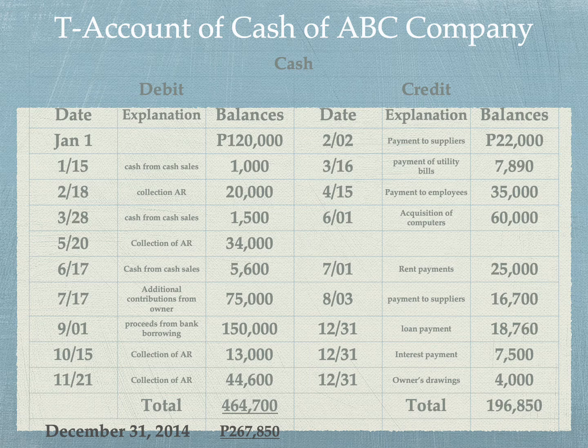So, kasama po siya sa credit ng cash kasi outflow po lahat yan. Lahat ay lumabas. And then, to get the total of cash, you're going to deduct, of course, yung debit and credit to get the balance of cash.